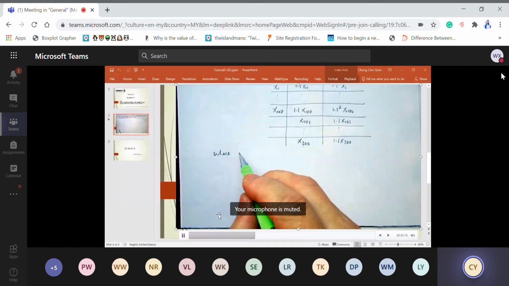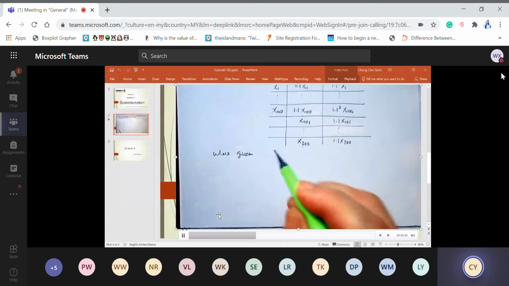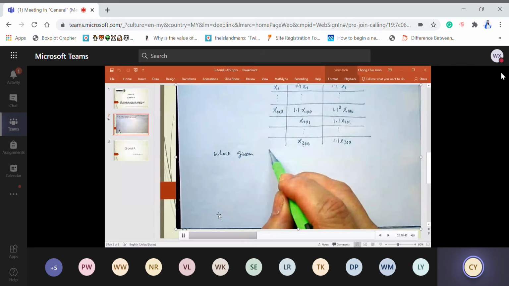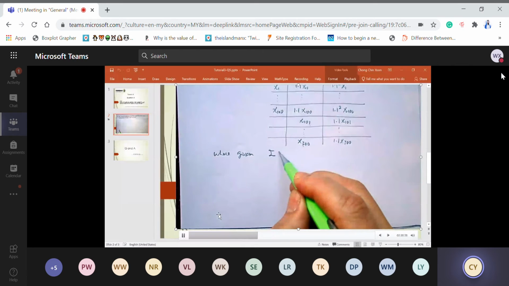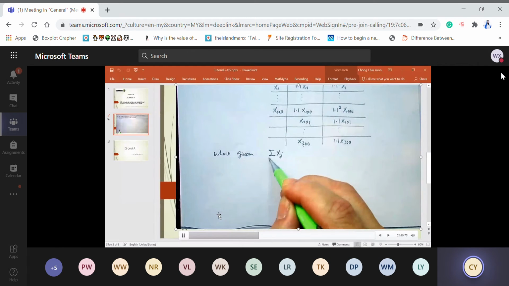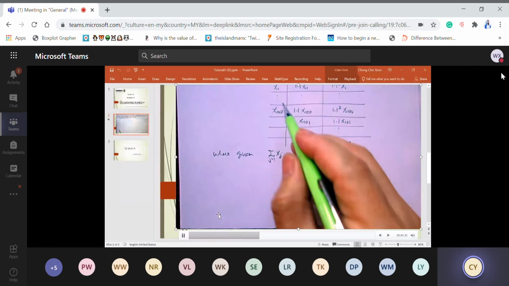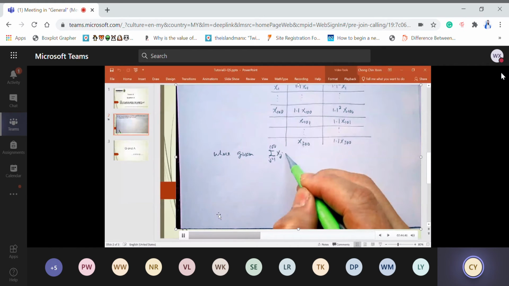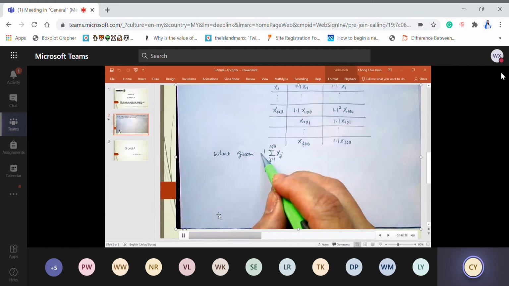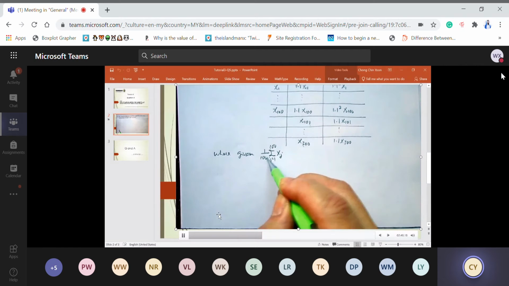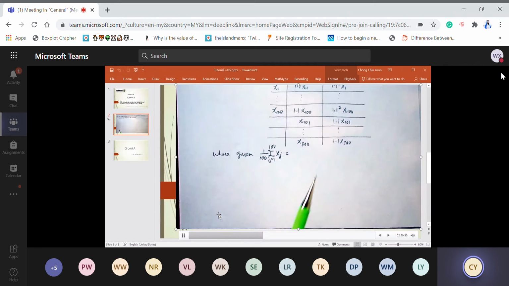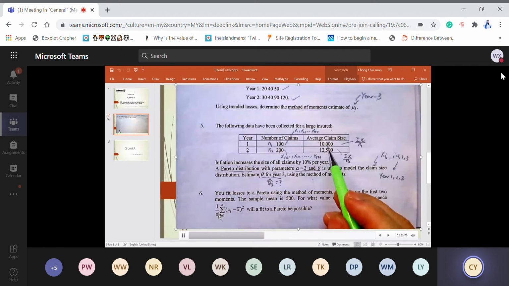Where given that the summation of Xj, when j is 1 to 100, divided by 100, which is the average given by the question, is 10,000.